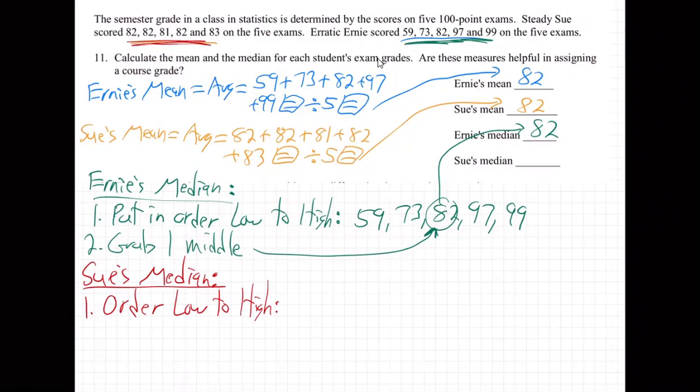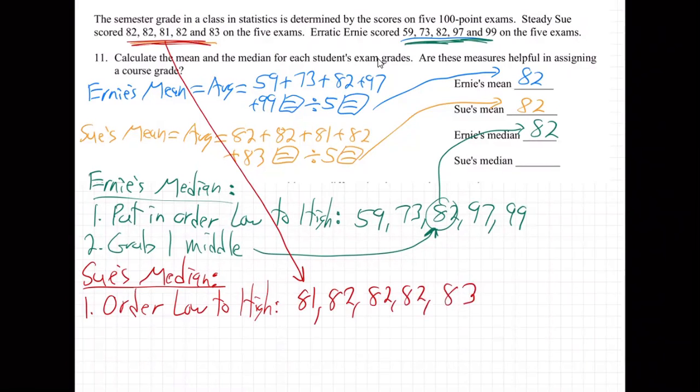Now, what's the lowest number in Sue's list? We have to start with the lowest number. Oh, okay, so it's 82. Wait, the lowest number is 81. There we go, 81. And then we have three 82s and an 83.